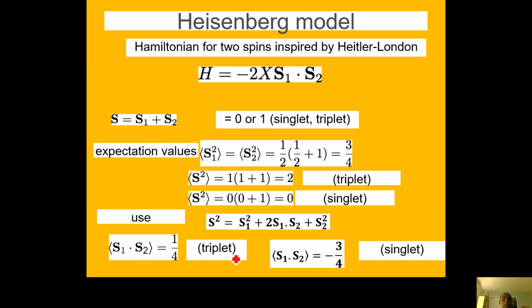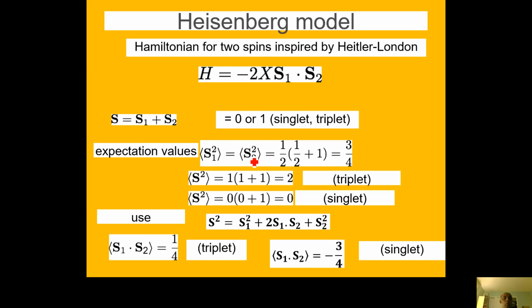So if you take the triplet state, then S1 dot S2 we can calculate, but for that we still need to know the expected value of S1 squared and S2 squared. What is the expectation value of S1 squared?